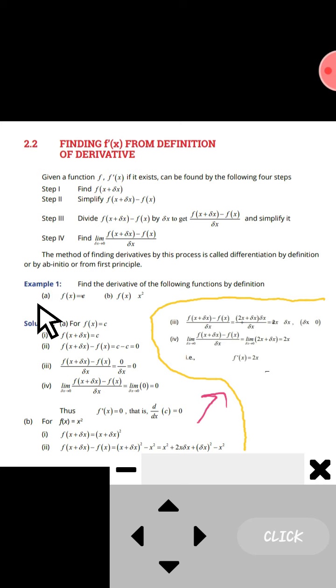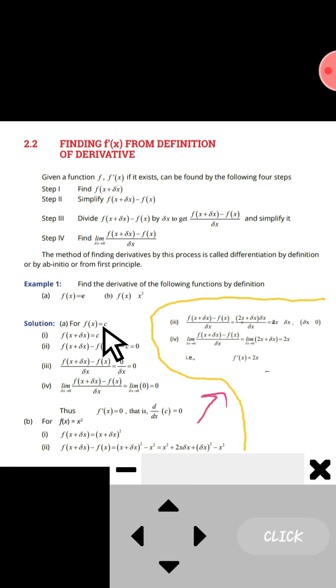Here I have written two examples of the derivative. The first example is f of x is equal to c, where c is any constant: a, b, c, 1, 2, 3, any constant. We know that the derivative of a constant is 0, but here we will use the definition to find it.